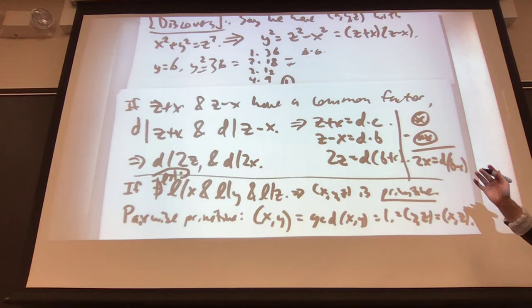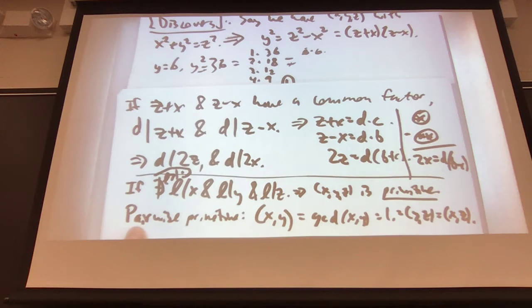Right? So what do you think? Is primitivity the same thing as pairwise primitivity? Is pairwise primitivity a stronger condition? Pairwise is stronger, right? Why?